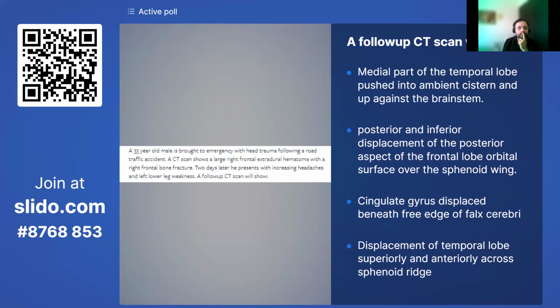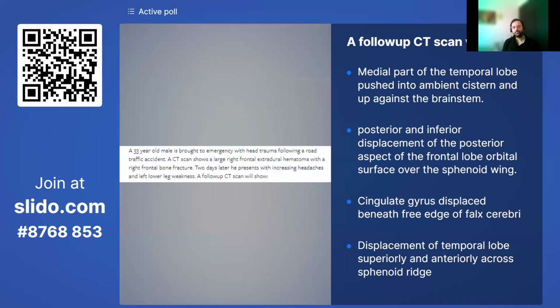So the extradural hematoma is frontal, and 2 days later with progressing symptoms, I'm thinking the hematoma will push. So say you have an extradural hematoma, right? That will cause mass effect, midline shift, and hydrocephalus typically, right?